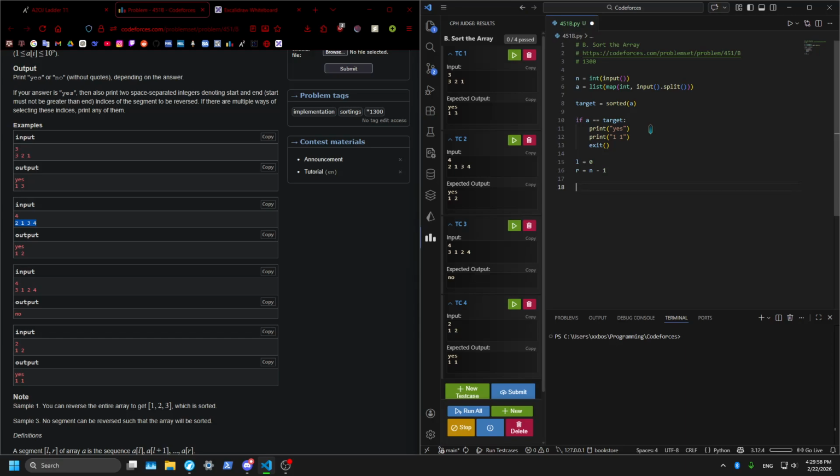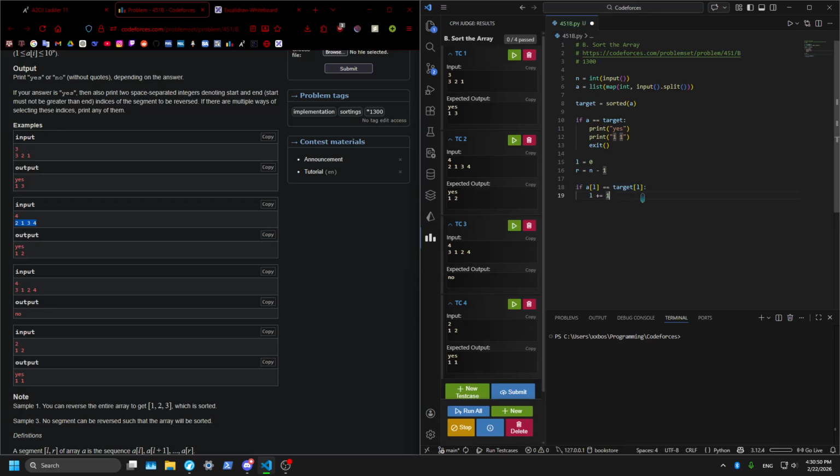And then if not, we have to check. If A[L] does not equal target[L], if it is equal to target[L], then we increment L plus equals 1.